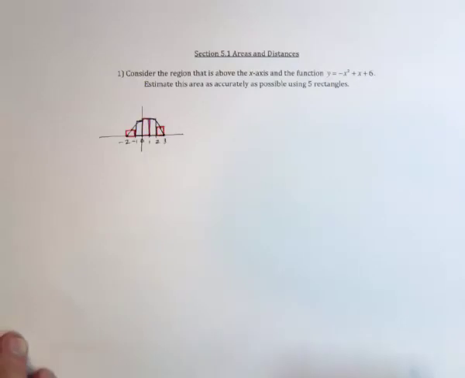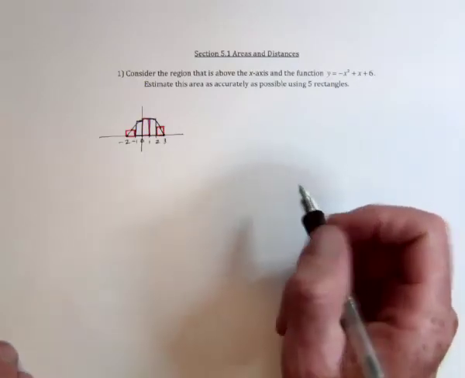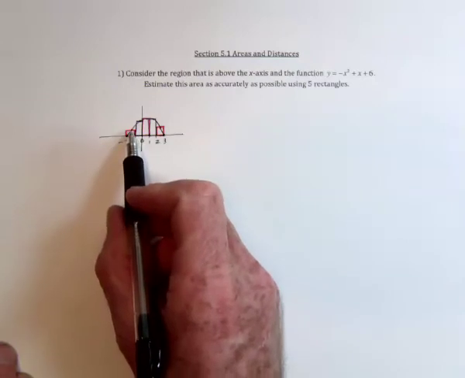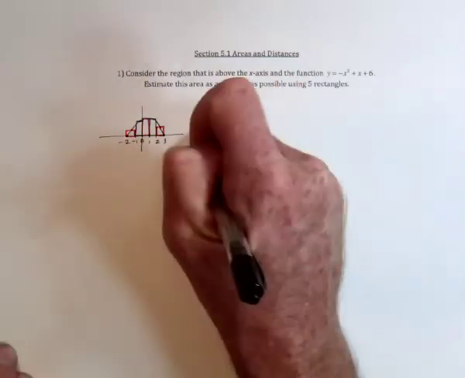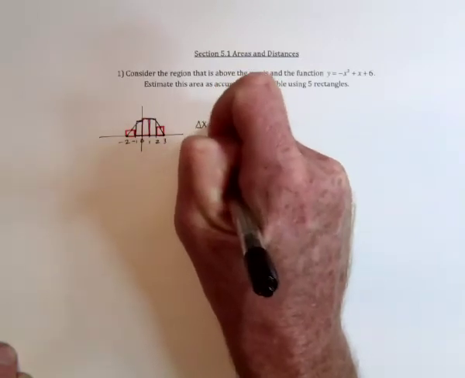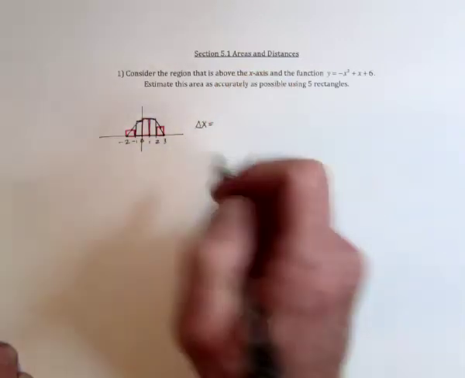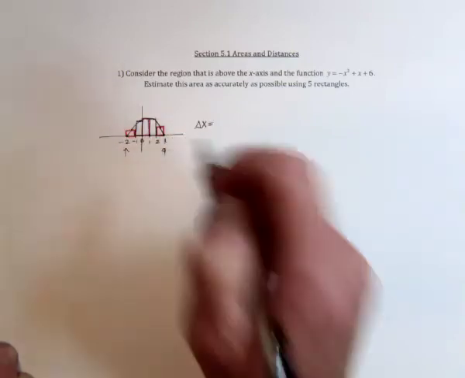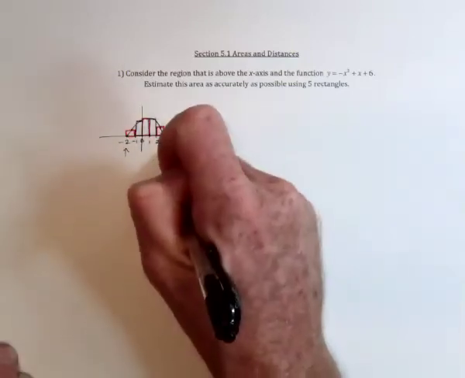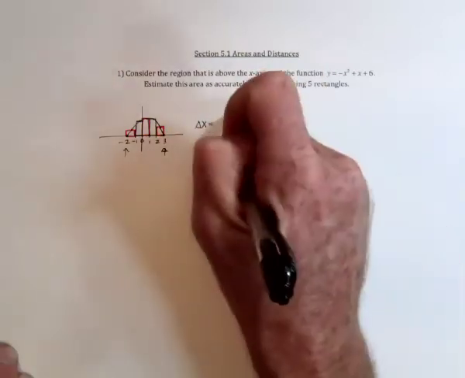So for the area of a rectangle, you need to know the base times the height. Well, the base is 1 for each of these. That in fact is called delta x, or the change in x, and that comes from taking the original two x values, 3 and -2, and subtracting them.